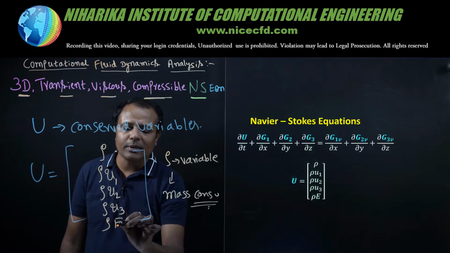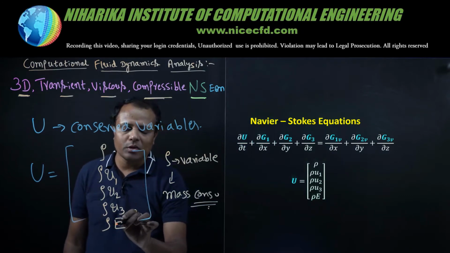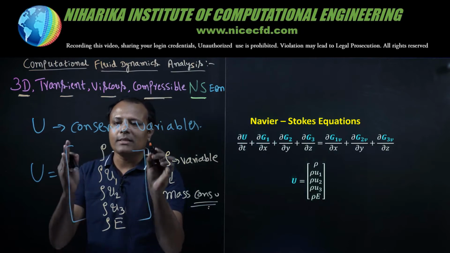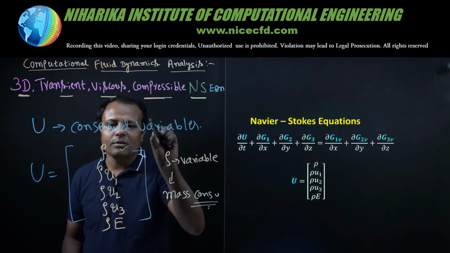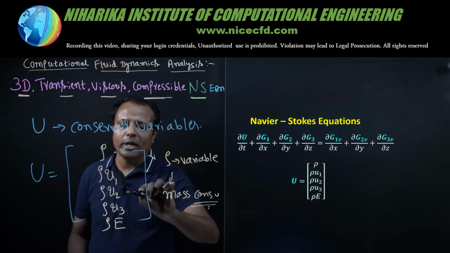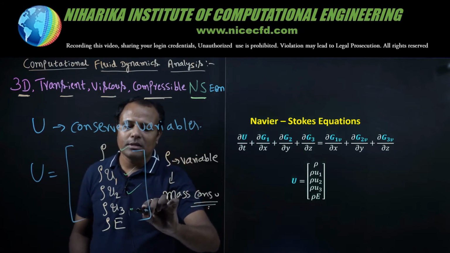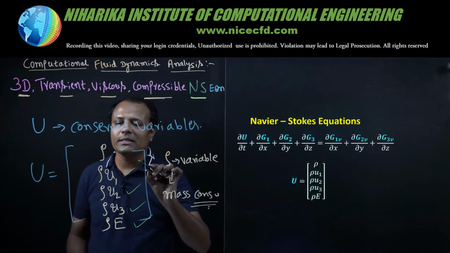Mass multiplied by energy. E is the total energy. So, energy is conserved. What is conserved in fluid dynamics? Mass is conserved, X momentum is conserved, Y momentum is conserved, Z momentum is conserved and energy is conserved.